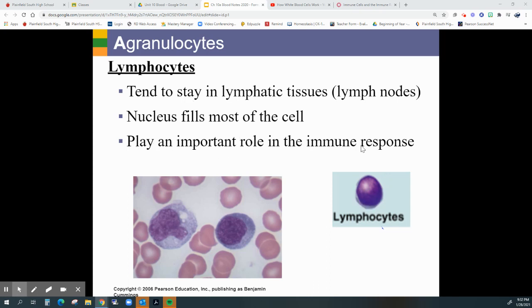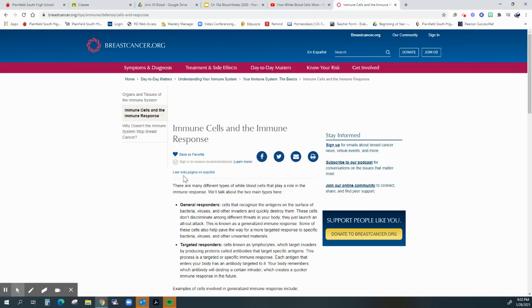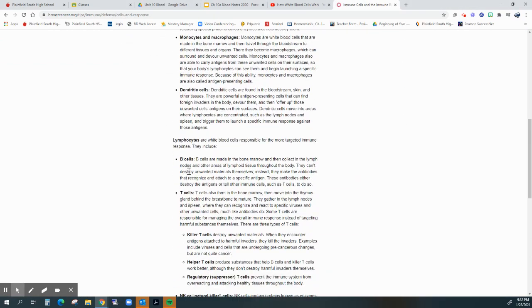These guys play an important role in our immune response. All right, so there are actually a couple different types of lymphocytes. I was going to kind of show you this here. We'll click over. So lymphocytes, we're going to talk a little more about this when we get to our lymphatic system. But lymphocytes, there are two types. There's B cells and T cells. B cells are kind of our immediate responders. They produce a lot of those antibodies that help us react to specific antigens.